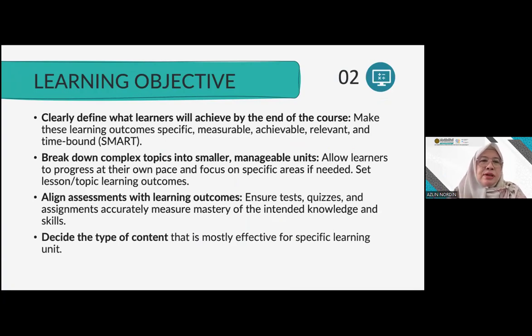So you can clearly, explicitly state what will be achieved at the end of a specific lesson, or you can break it down to smaller units. Like myself, I have the course and I call it lessons for each topic. So for each lesson, I will have the learning outcome for each lesson. And of course we need to align it with the course learning outcomes.